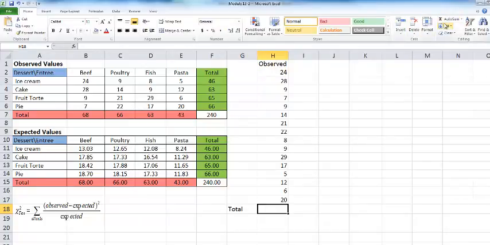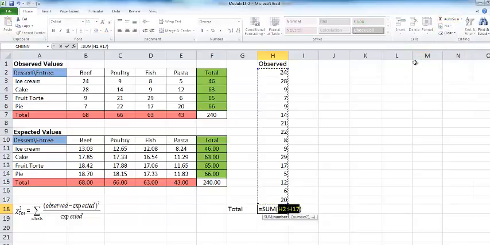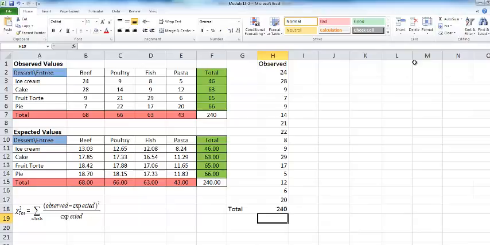So I go here, sum, hit enter, 240. So I need to create another column for expected values. I should write the same order starting with beef.